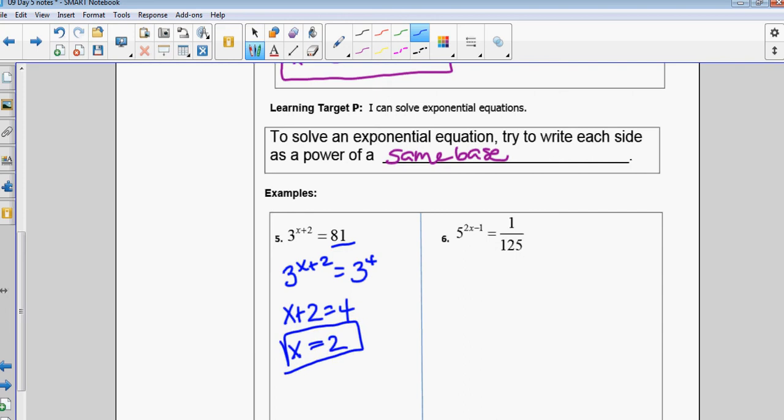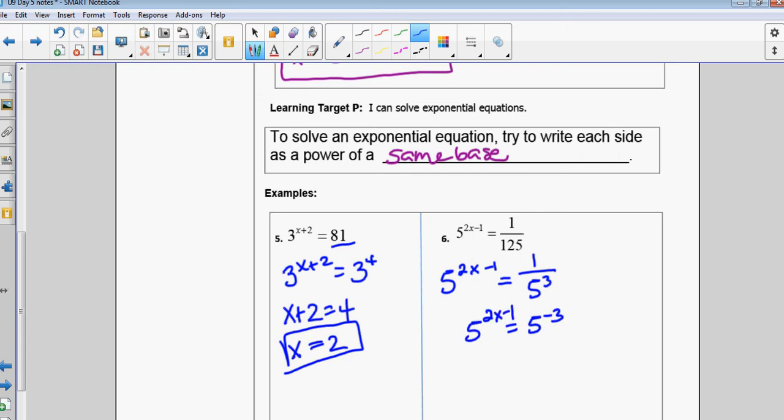The next problem is similar, but this time we're ending up with a number in our denominator. So let's get that number out of the denominator. We have 5 to the 2x minus 1 on the left, and on the right I have 1 over 5 to the third. So remember from your exponent rules, 1 over 5 to the third is equal to 5 to the negative 3, and now we have the same base.